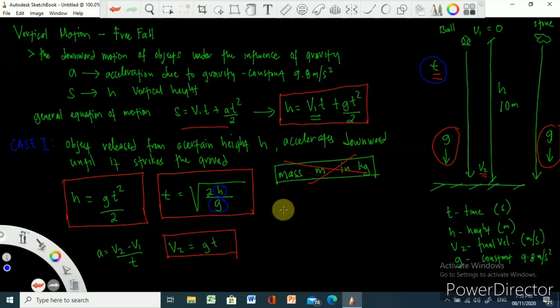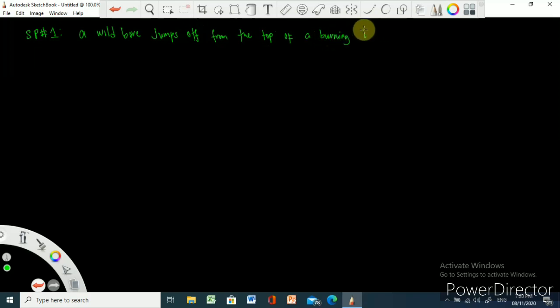Alright, so let's have a sample problem. Okay, sample problem number 1. Say a wild boar jumps up from the top of a burning building 100 meter high.